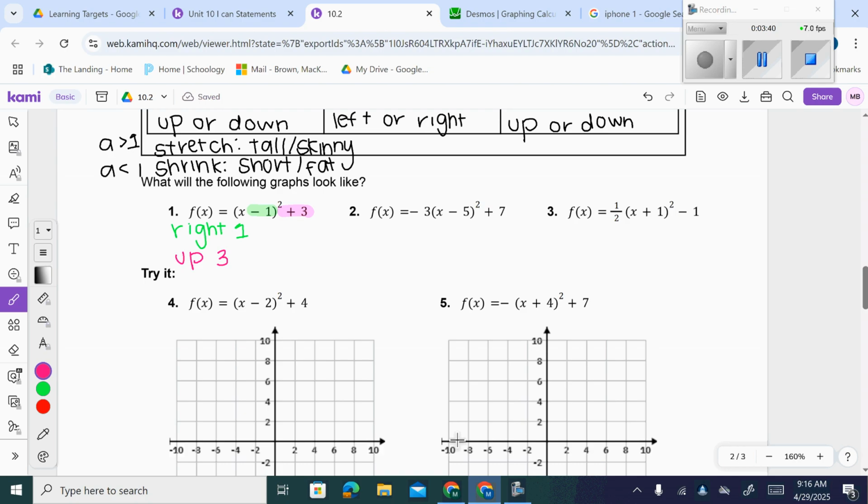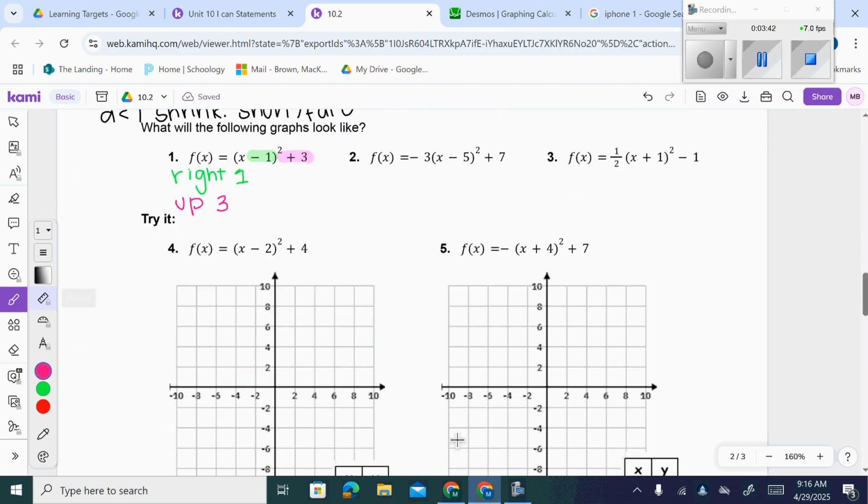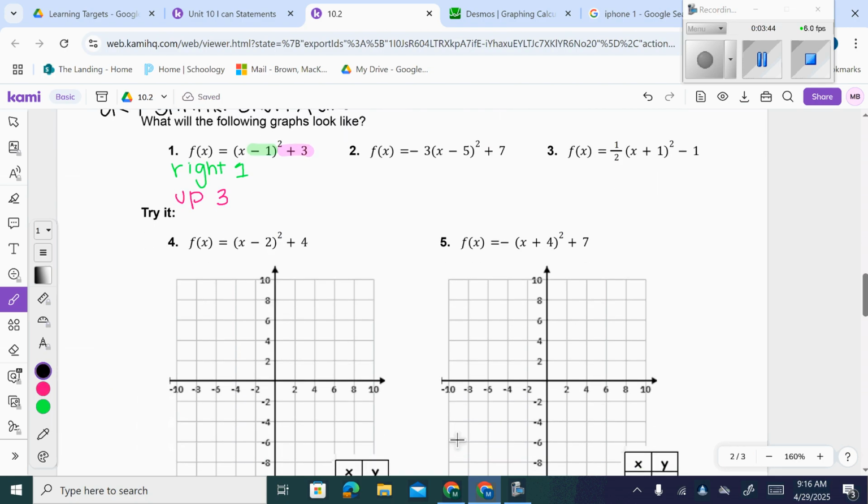It doesn't have a number where the a should be. So what number could I put there if I wanted to? A 1. Is that positive or negative? So this guy's going to be opening in what direction? Opening up. Very good.